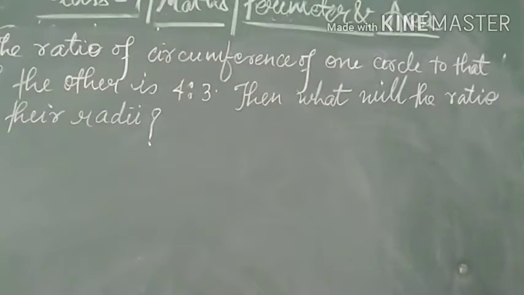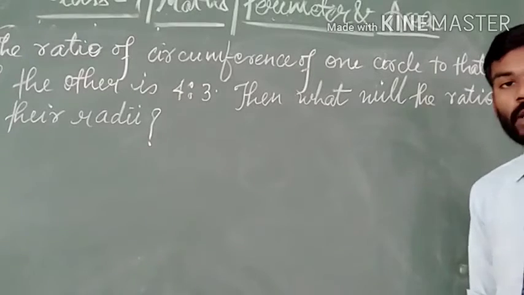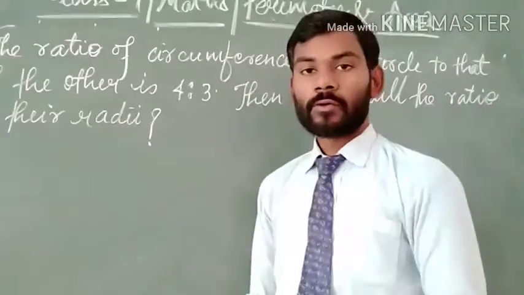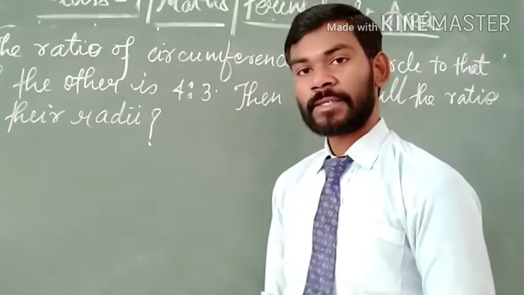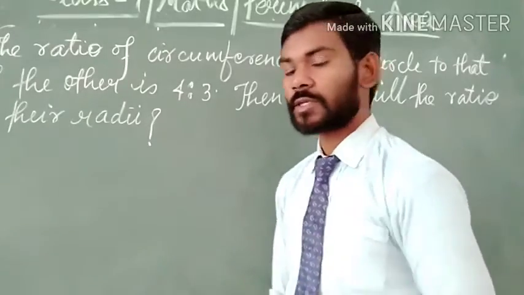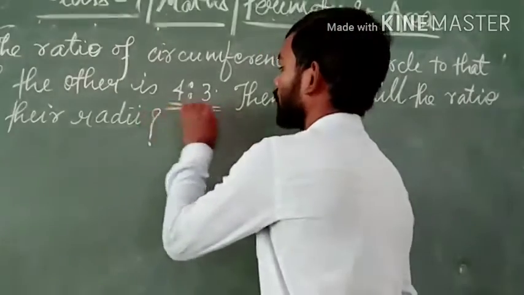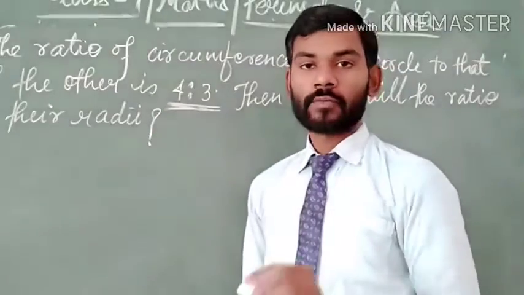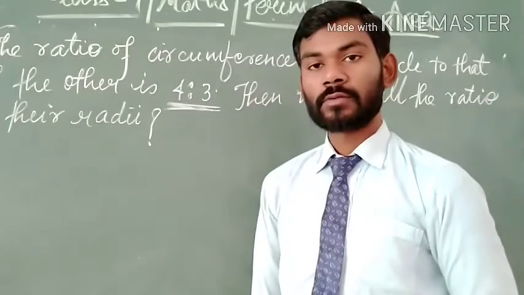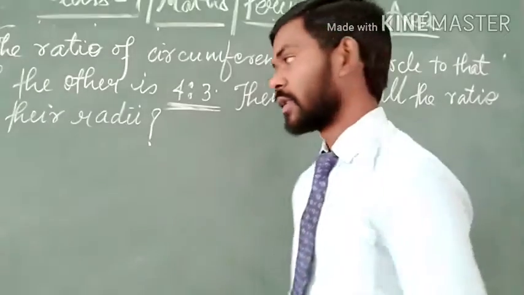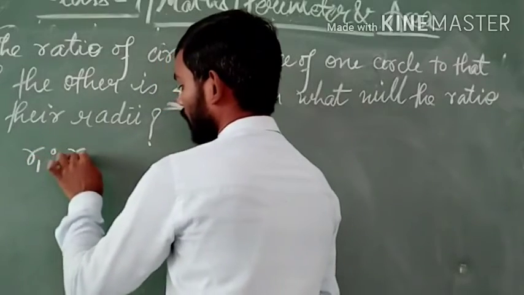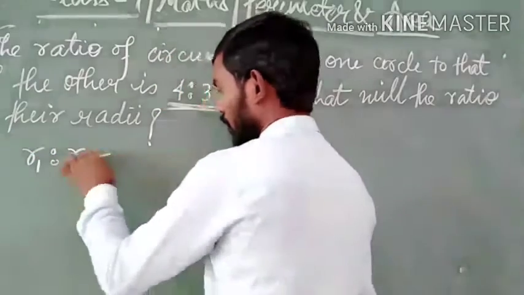So students, this is our first question. Let's understand what the question says. The ratio of the circumferences of two circles is 4 to 3. We have to find the ratio between their radii, that is, the ratio between R1 and R2.